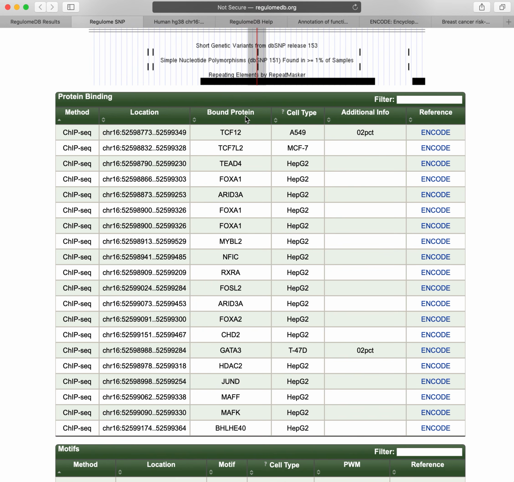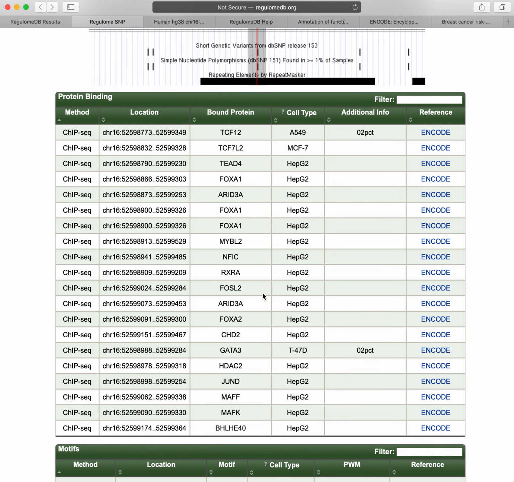Bound protein is the transcription factor measured by the ChIP-seq, and cell type is typically the cell line that the ChIP-seq experiment is carried out in. From this, we can observe some evidence of factor binding, especially for several important breast cancer TFs, including FOXC1, GATA3, and so on.